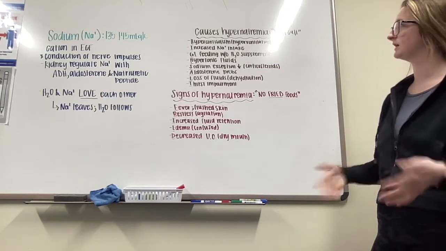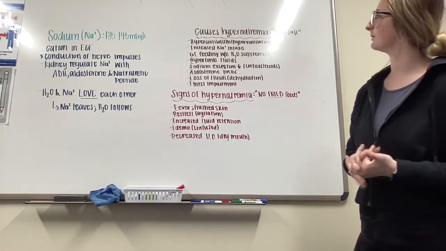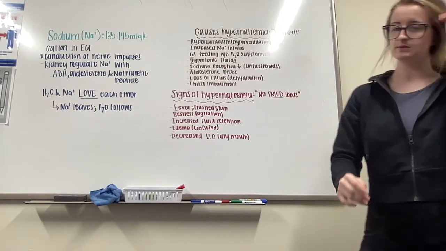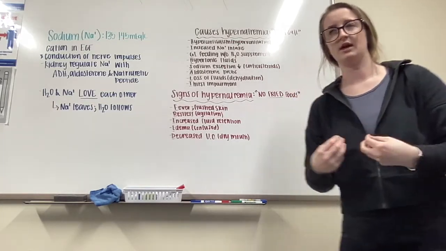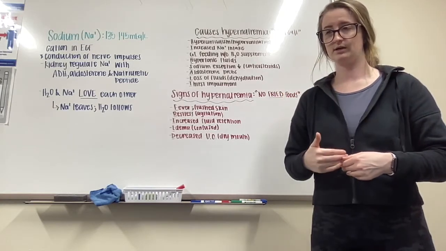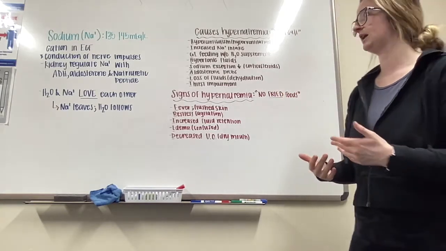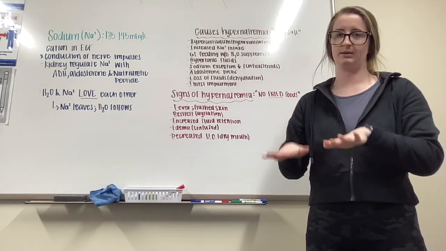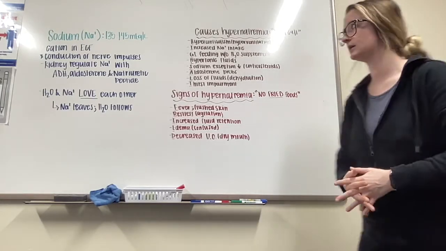Constant hyperventilating can cause that, as well as increased sodium intake. Anyone with GI feeding, like a feeding tube, if they're getting an excess amount without proper water to help balance it out, that can cause it.